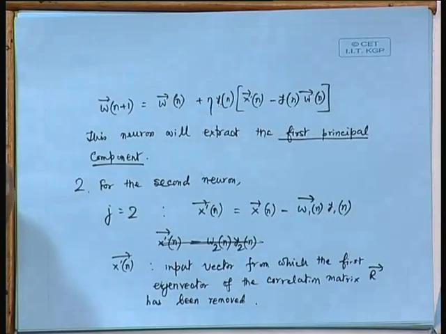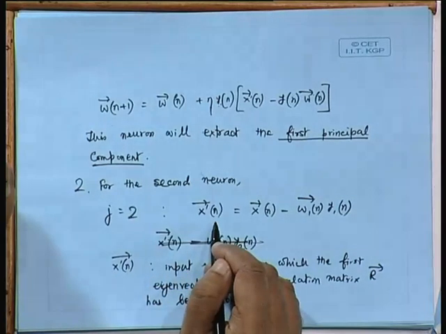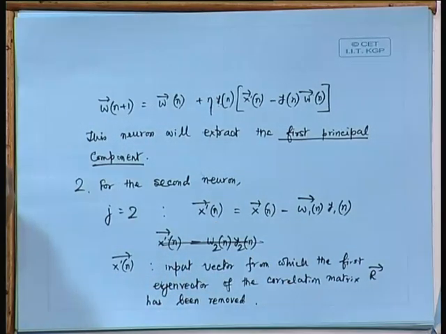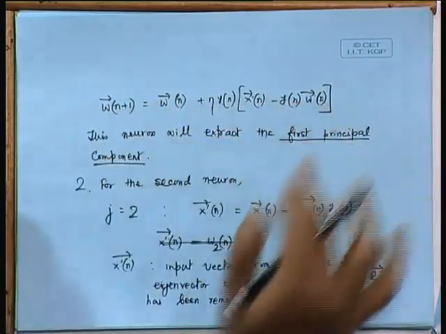Okay. So, our new x prime n for the second neuron is basically the input vector minus the first principal component already taken out. All right. So, now this modified input vector will be applied on this algorithm again.